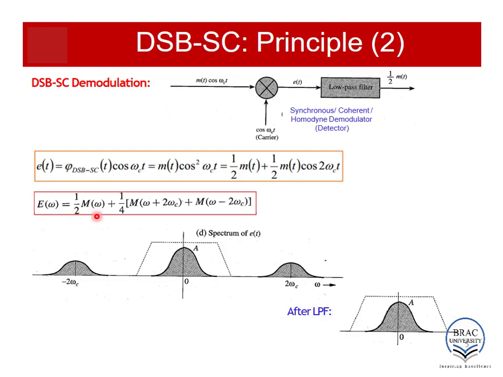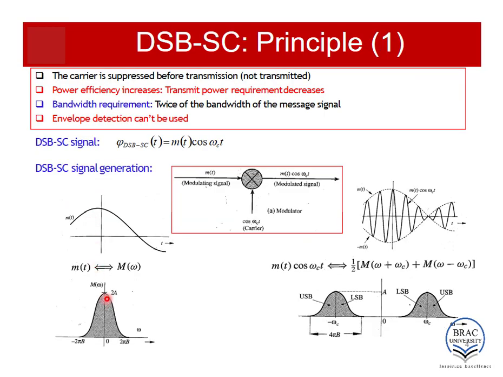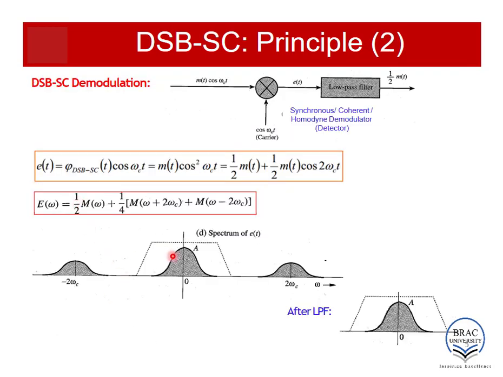Now let's take a look at the amplitude of each of these spectrums. First of all, this is half M(ω). So obviously the amplitude of this part will be half of the original amplitude. As the original amplitude was 2A, the amplitude of this portion will be just A. Now we know that whenever we multiply a signal with a cos wave, the original message is not only shifted to the positive and negative values of the cos frequency, but also the amplitude of each spectrum is half of the original.